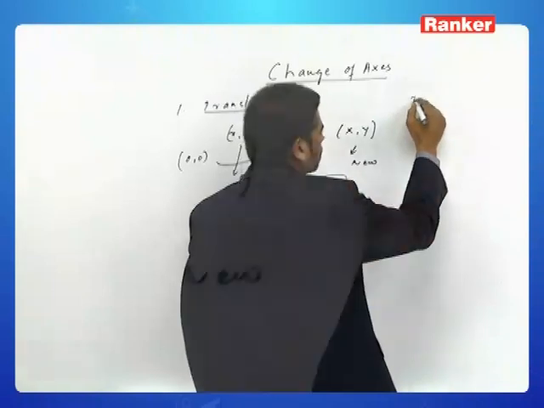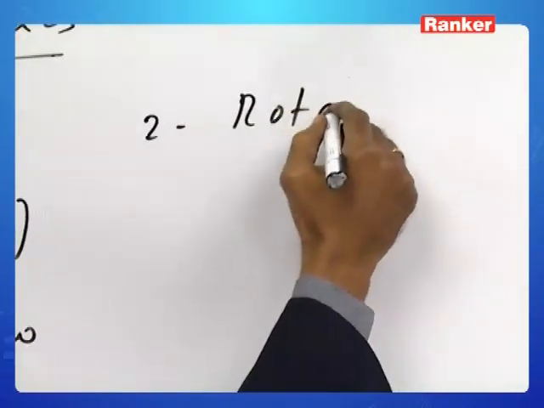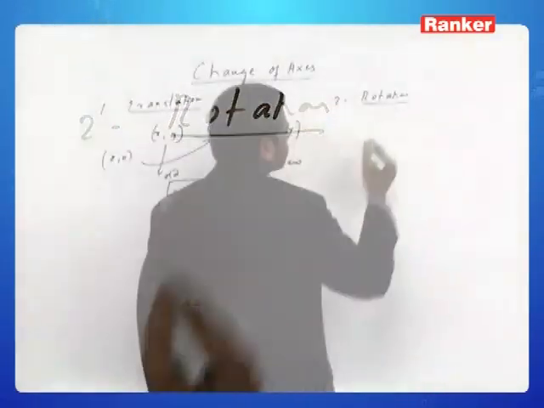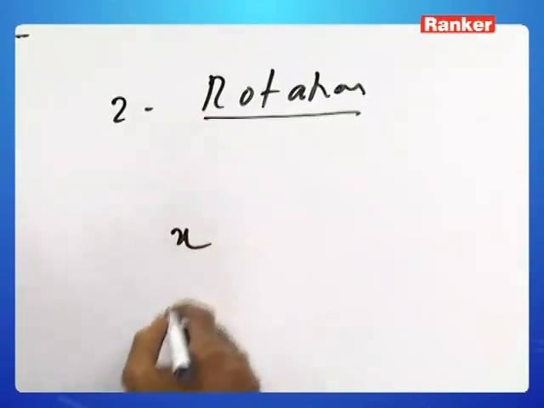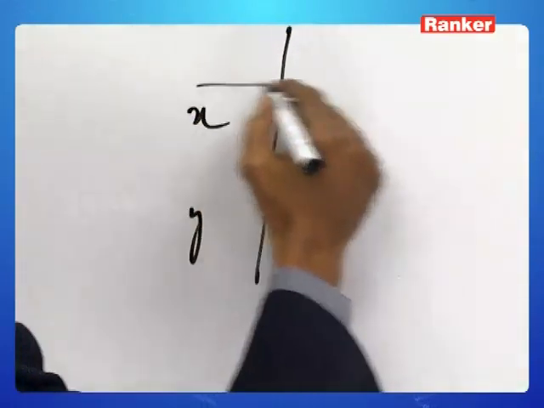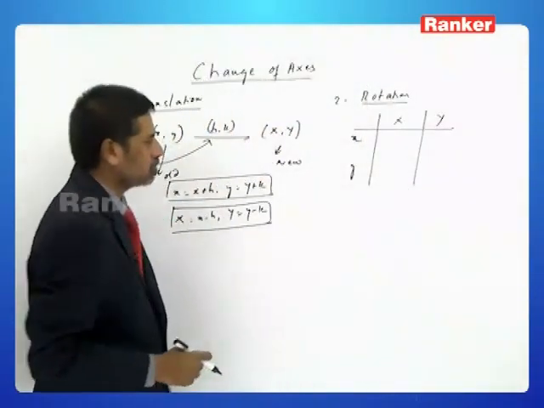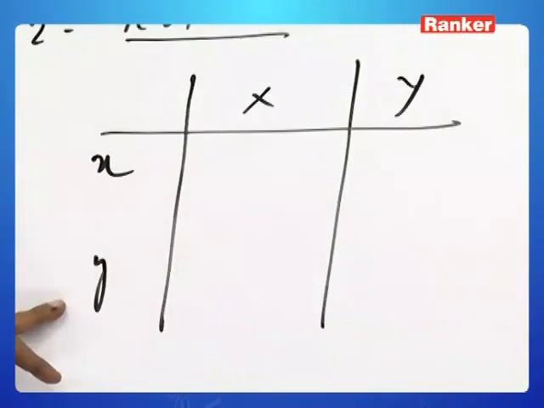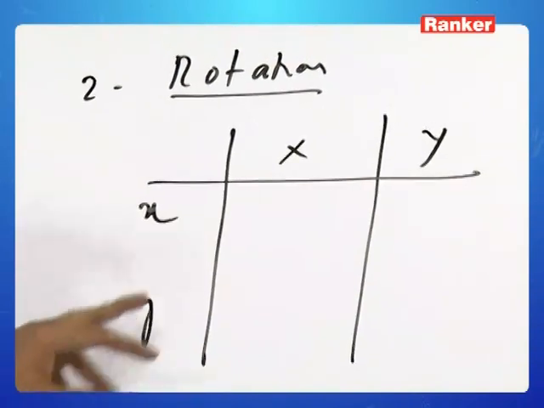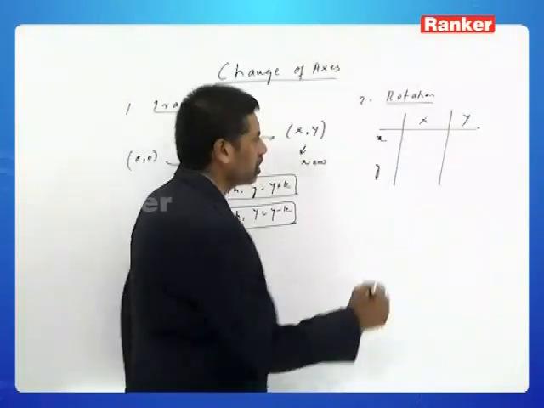When it comes to rotation, suppose we have small x, small y as the coordinates of the point in the old system and capital X, capital Y in the new system.